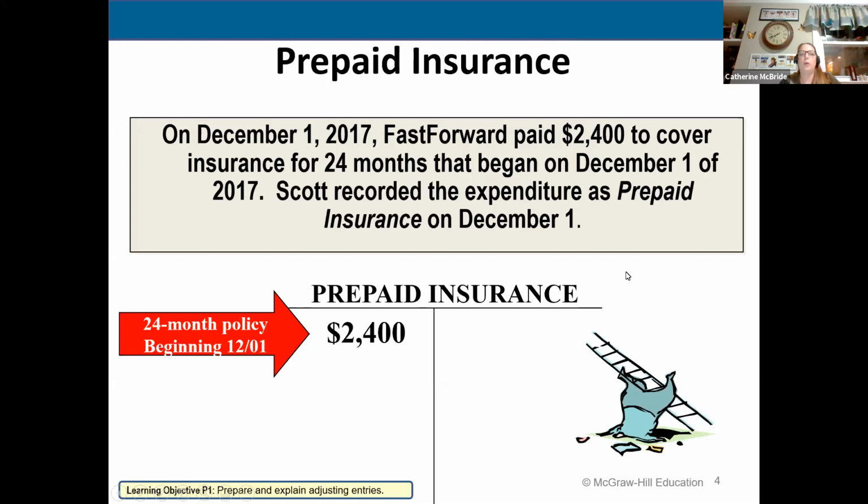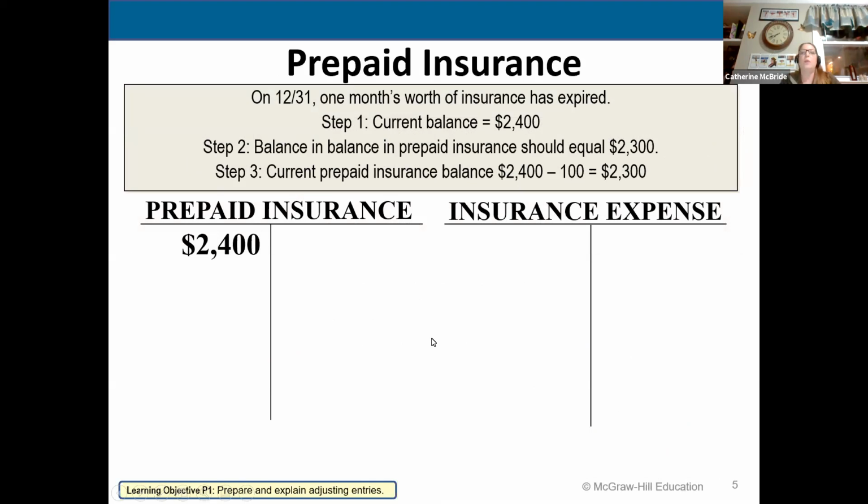So we're going to begin by recognizing our prepaid insurance. We would have reduced cash with a credit and debited prepaid insurance. So that's our prepaid insurance account. Then what happens is every month we incur $100 worth of insurance expense.